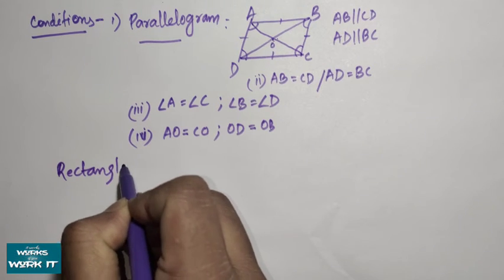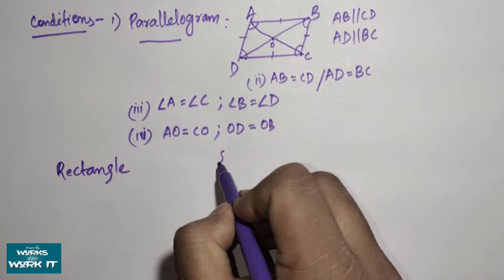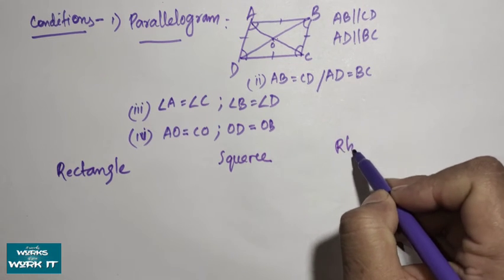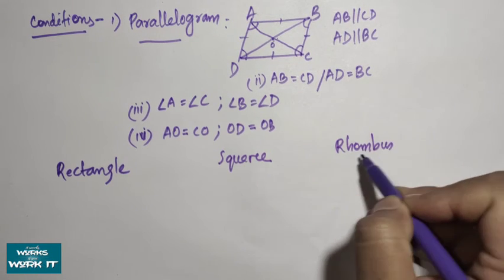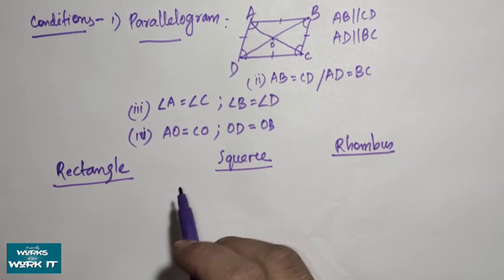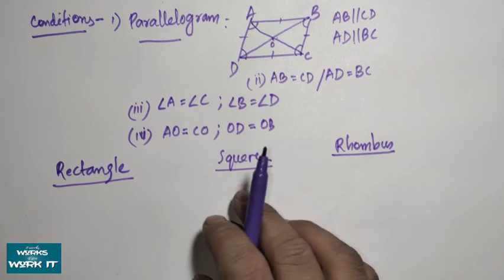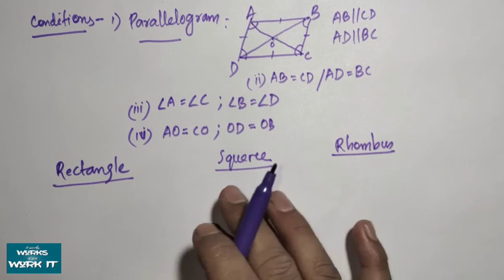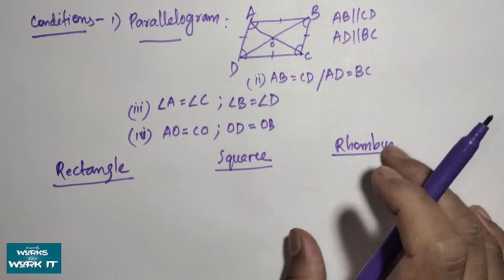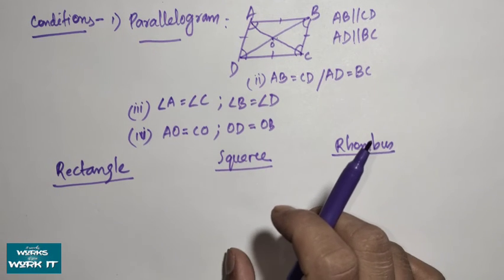We will discuss rectangle, then square, and then rhombus. What can be the property if a diagonal is drawn in a rectangle, square and rhombus? The other things, the definitions of rectangle, square and rhombus, we have already discussed just earlier.